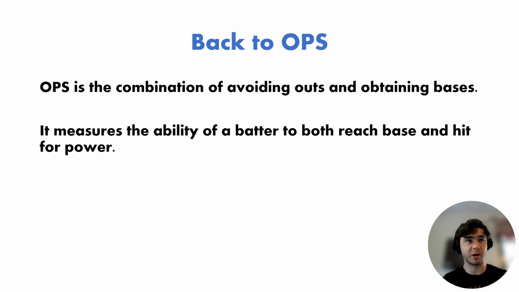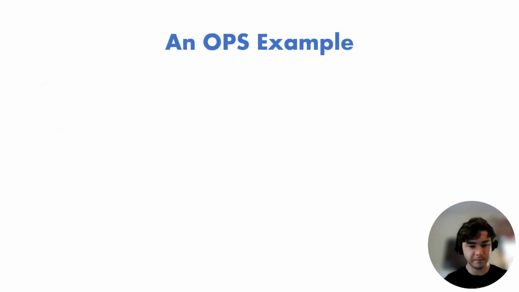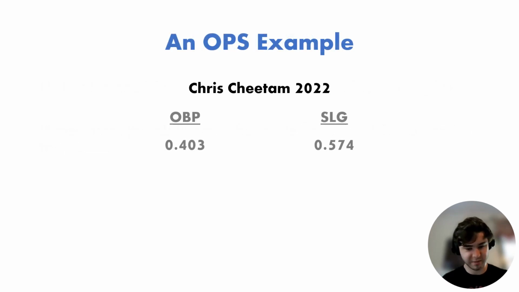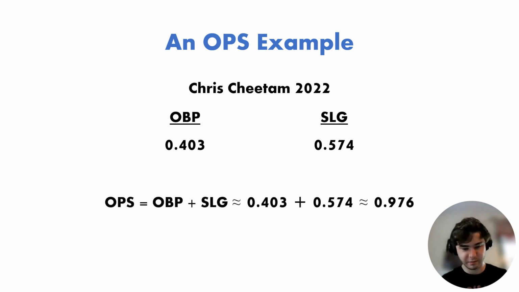It shows how good you are at reaching base, thus avoiding making an out, and it shows how many bases you get per at bat, which is a good measure of how much power you hit for. I'm going to use Cheatham as an example again, with his 403 on base and 574 slugging. Those sum up to a 976 OPS, or 0.976 or 976.